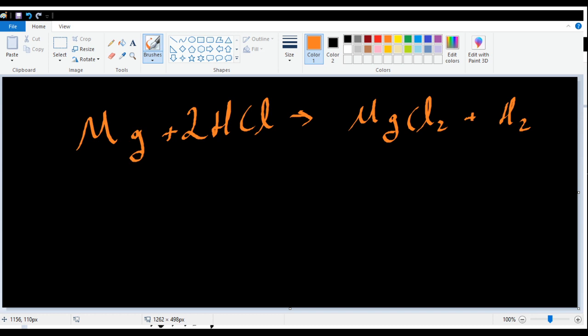So starting over here on the left, magnesium is the neutral metal all by itself. Therefore, it is going to be oxidation number 0. Okay, remember, neutral element, oxidation number 0. Likewise, over here on the right, hydrogen is also a neutral element all by itself, oxidation number 0.